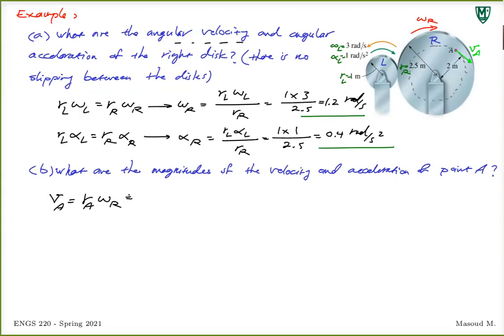RA is 2 meters away from the axis of rotation. Omega R, we found in the previous part, is 1.2. So this becomes 2.4 meter per second. That's the magnitude of velocity, and it's in this direction.